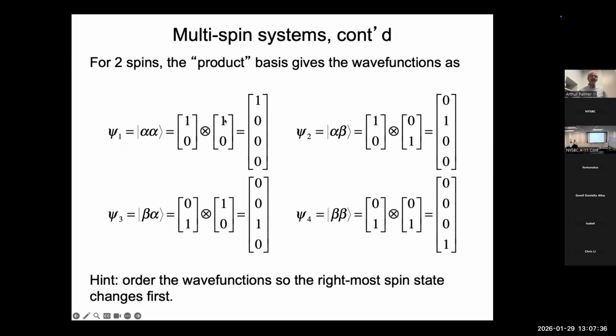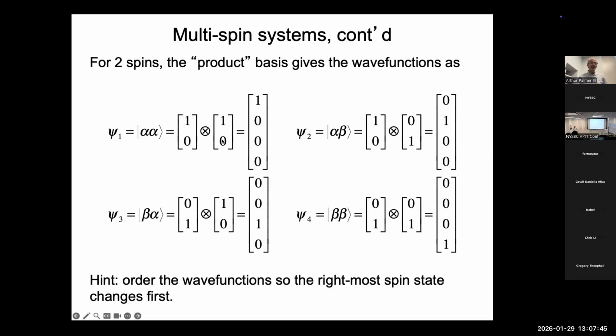And then this element, it's multiplied by that vector. So we take this one, multiply it by 1, 0, we get 1, 0. And then we take a 0, multiply it by 1, 0, we get 0, 0.